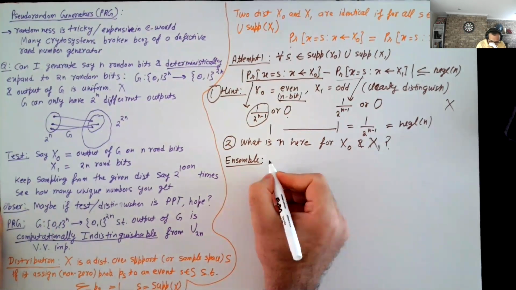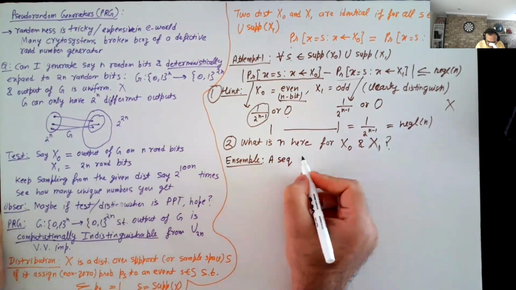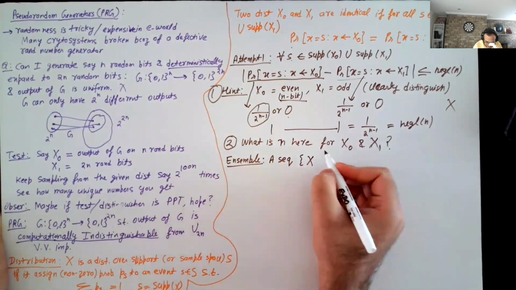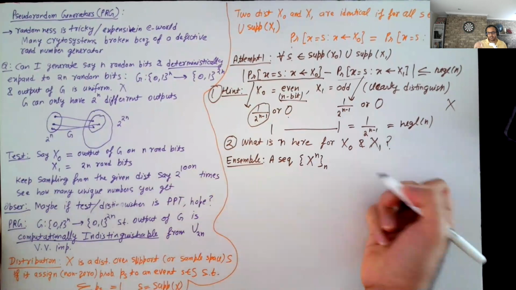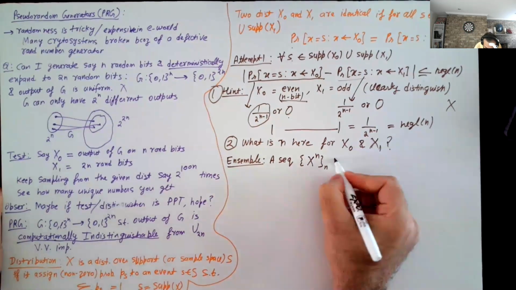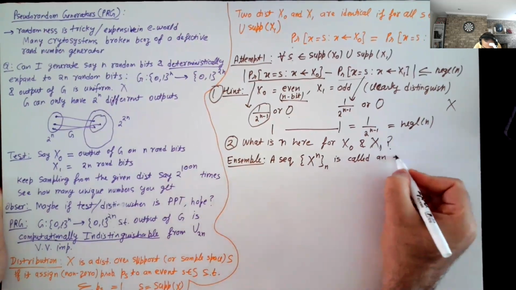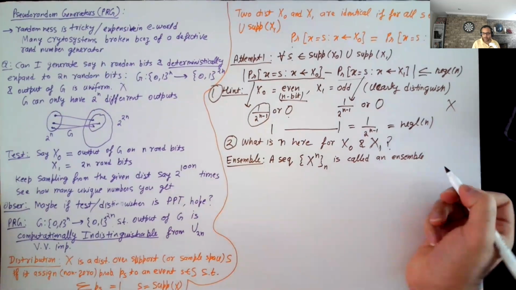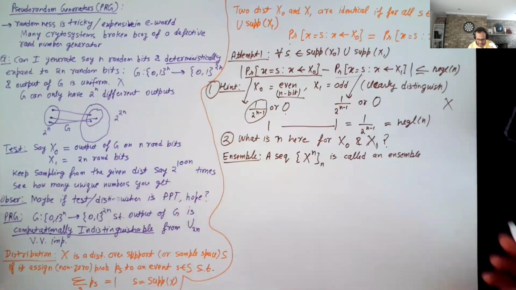An ensemble is a sequence of distributions, capital X_n, so essentially X1, X2, X3, and so on. It is called an ensemble. This is more of a technical point. It doesn't really affect our intuition or thinking very much.